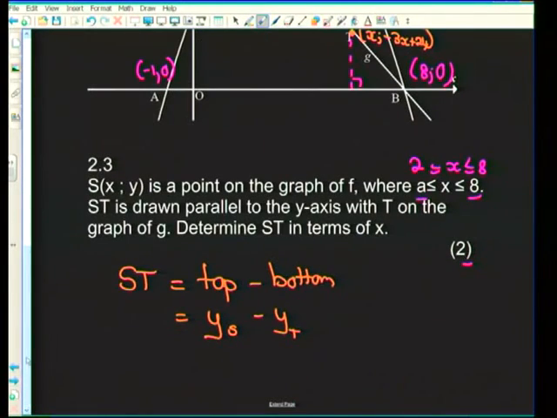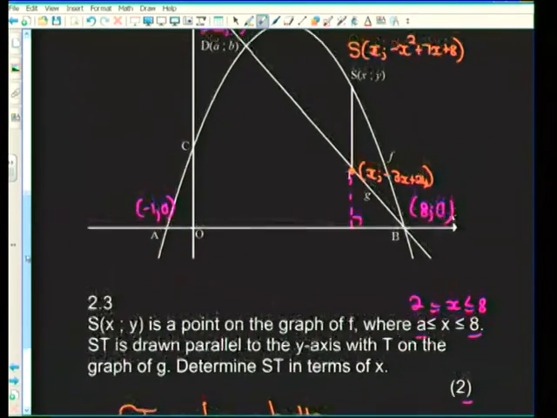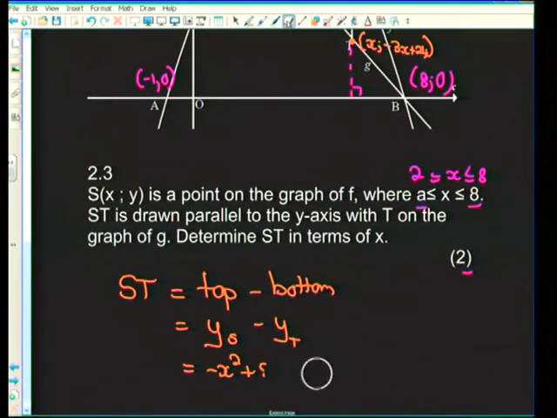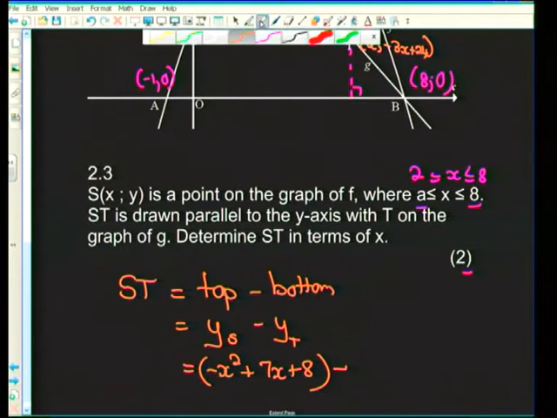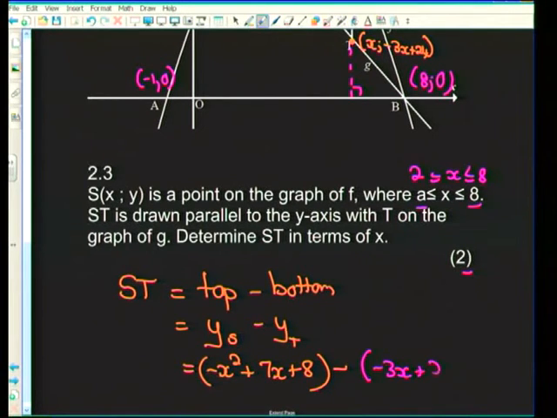Right, so it would be minus x squared plus 7x plus 8. I hope I've written it down correctly. No, it's the other way around, just as well I checked. So later on we would have run into some trouble. So it's 7x plus 8, and that would be your y of S. Subtract your y of T, which would have been the minus 3x plus 24. And that would give me the distance ST.